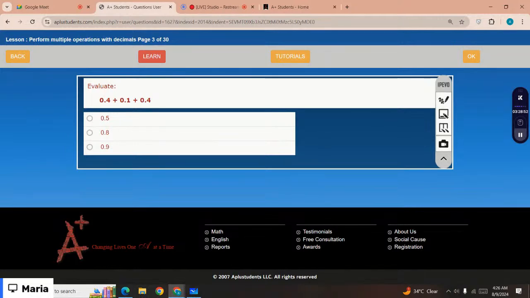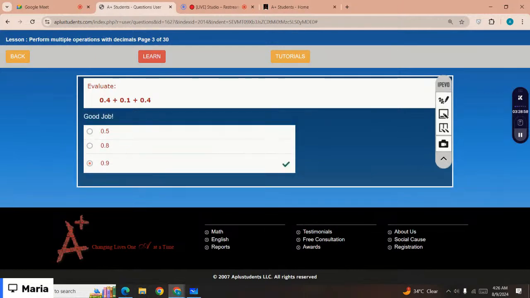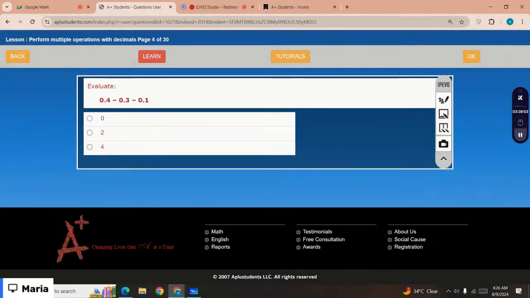Yes, you simply have to add, that is 0.9. Option number 3 is the correct option. The next one is 0.4 minus 0.3 minus 0.1.